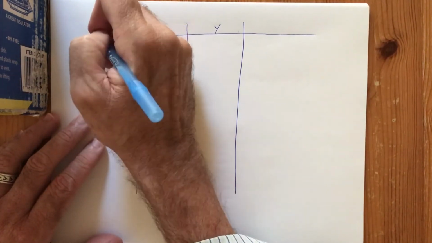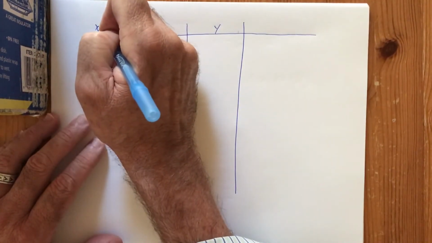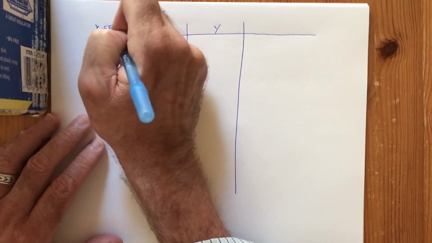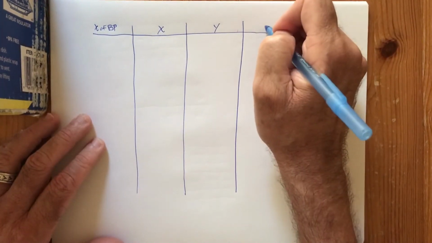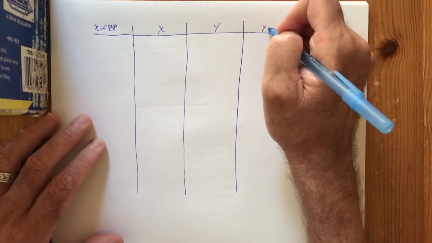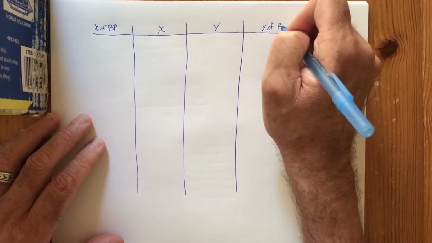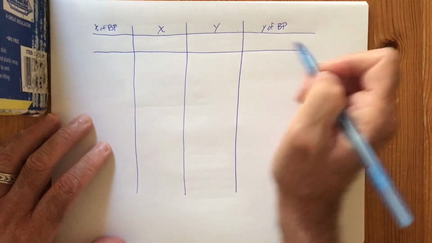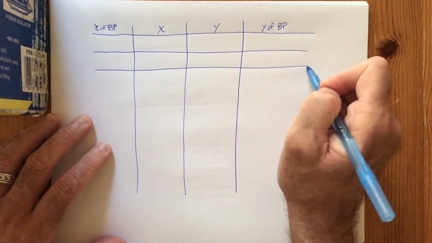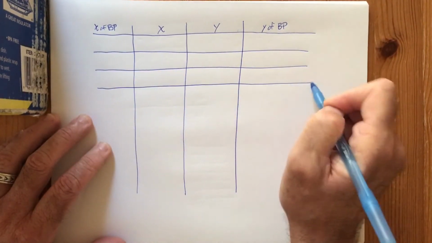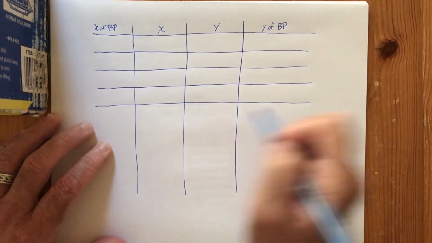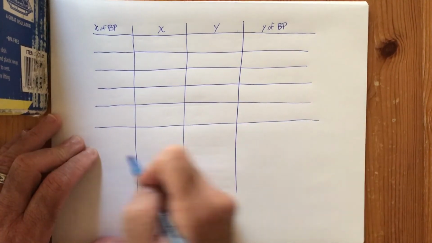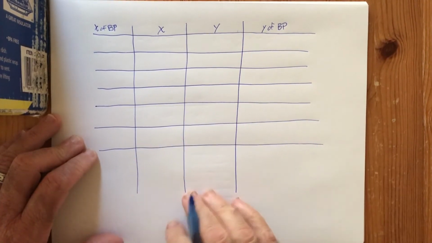Now in this first column we're going to have the x value of the basic parabola. And over here in this column, we're going to have the y value of the basic parabola. Here we go.